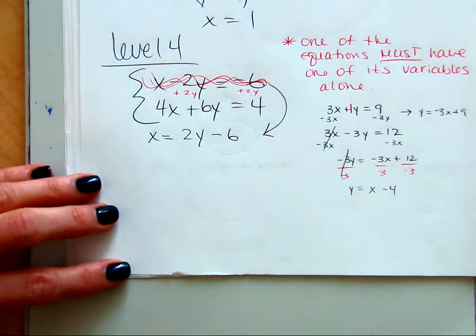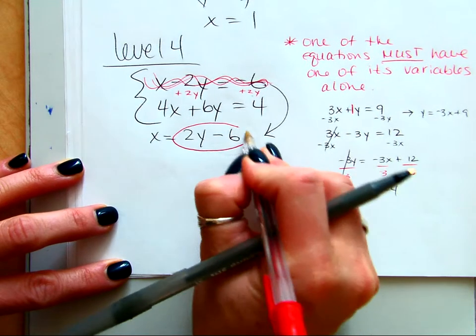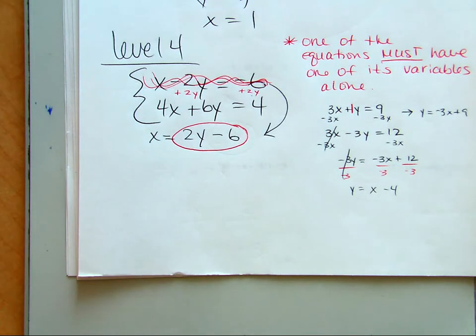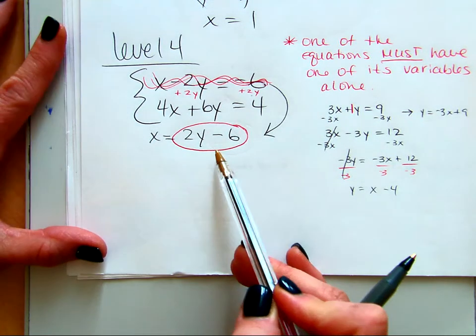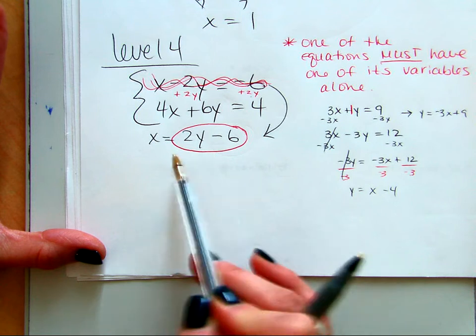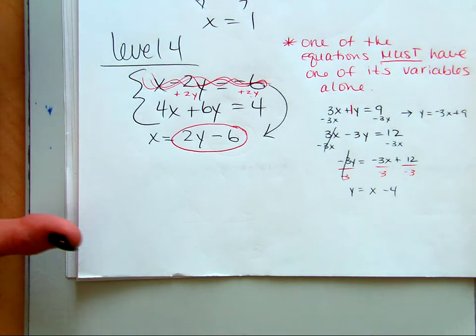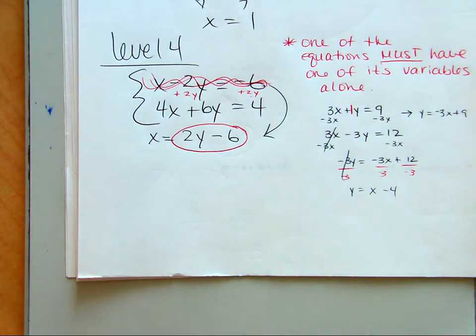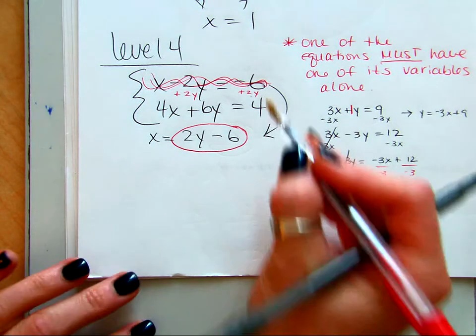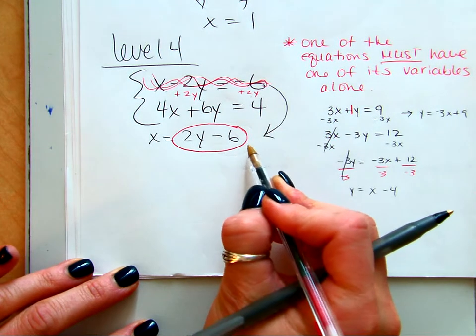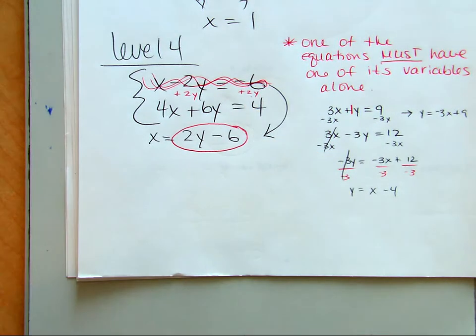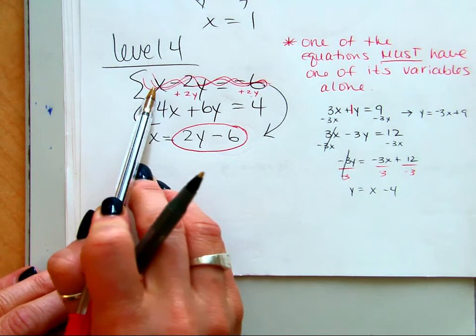Now that I know what x is, now I'm at a level 3 question, right? Because my x is alone, where do I put this x? Where do I put this expression? Into the other equation. Oh, hey, you want to know why I had you cross that out? Because there are kids who will rewrite this equation, and then they won't see a scratched out equation, and they'll go up here and put it in for x.